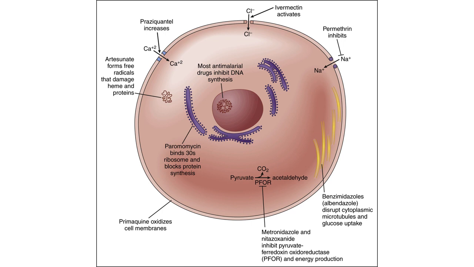Lastly, permethrin, which we use as a scabicide, meaning for the ectoparasite that lives in the skin and hair, inhibits sodium influx, and without depolarization of some neural tissue and some muscle tissue of these ectoparasites, they die.